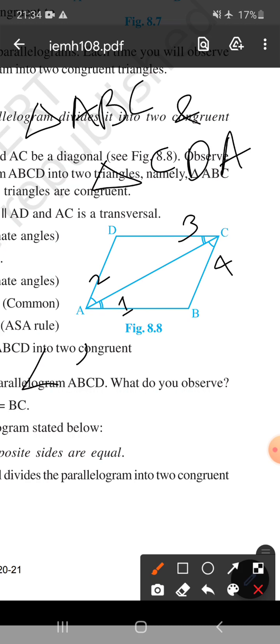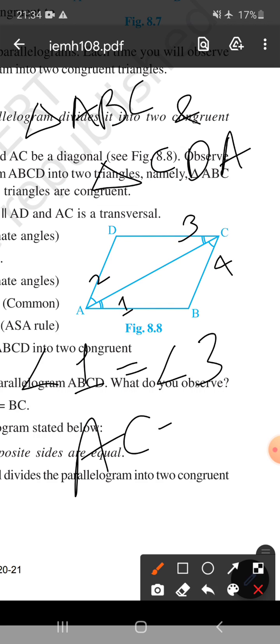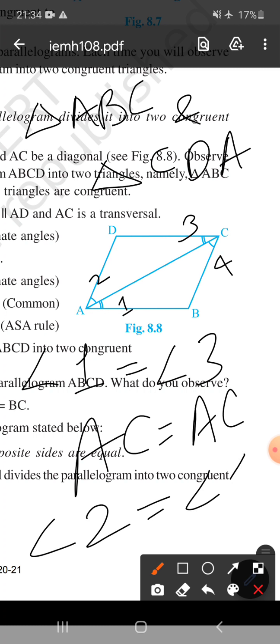Angle 1 is equal to angle 3, side AC is equal to AC, it is common, and angle 2 is equal to angle 4. Why is angle 1 equal to angle 3?